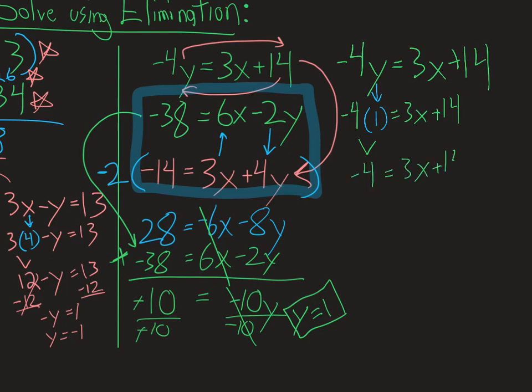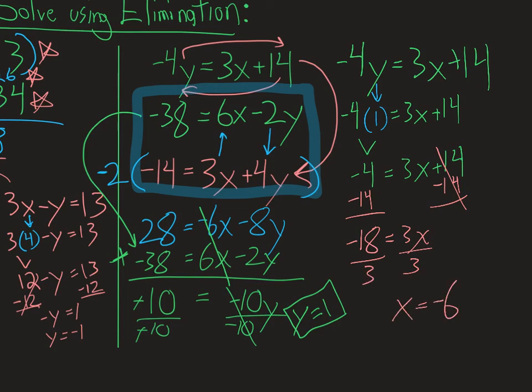Okay, this is just solving. Just regular, good old solving with 2-step. And that's -6 for a final solution of (-6, 1).